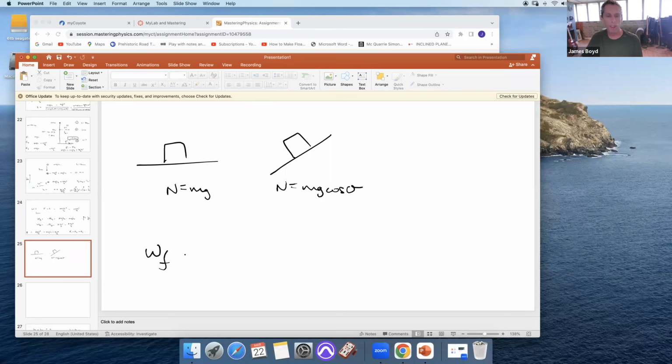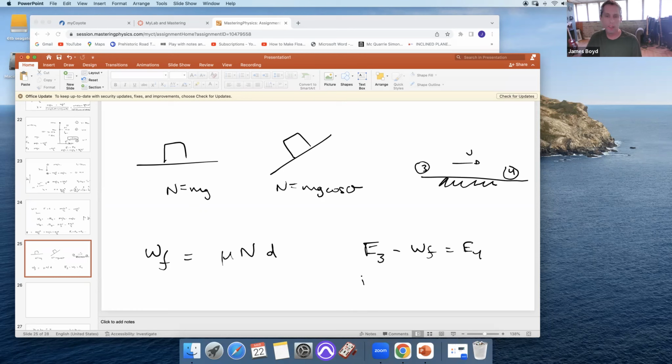The work of friction is mu n times d, however far it slides. And if there's a region with some friction, then the energy at 3 minus the work of friction is the energy at 4. So you're sliding through there. Or the energy at 3 is the energy at 4 plus the work of friction.